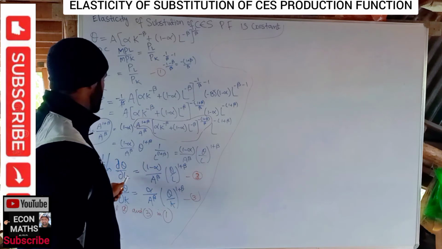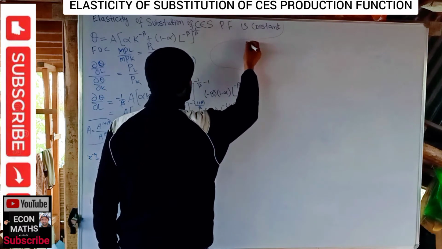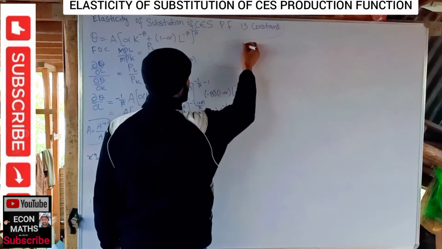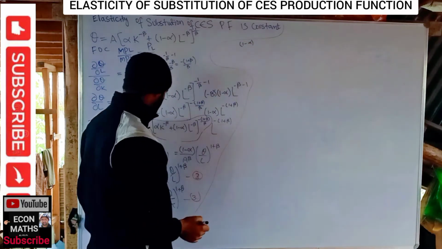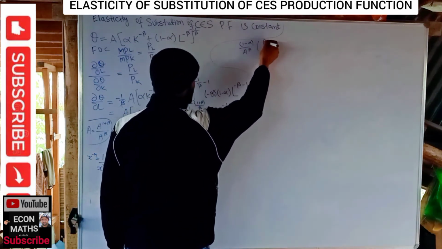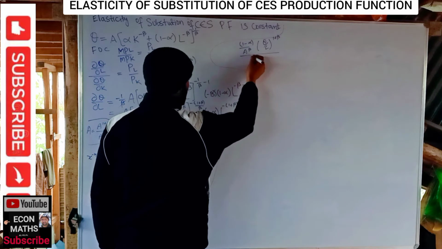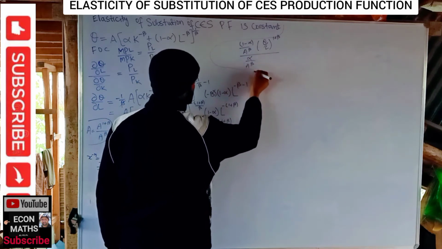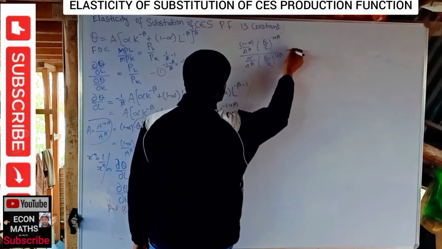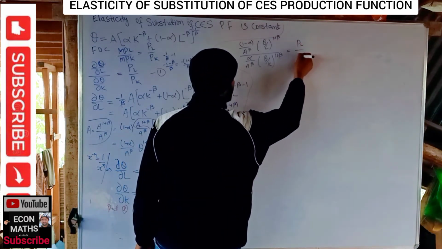Now dQ divided by dL is equal to this expression, so I will write here (1 minus alpha) divided by A to the power beta, and we have Q divided by L whole power 1 plus beta, divided by alpha divided by A to the power beta, and Q divided by K to the whole power 1 plus beta, which is equal to PL divided by PK.